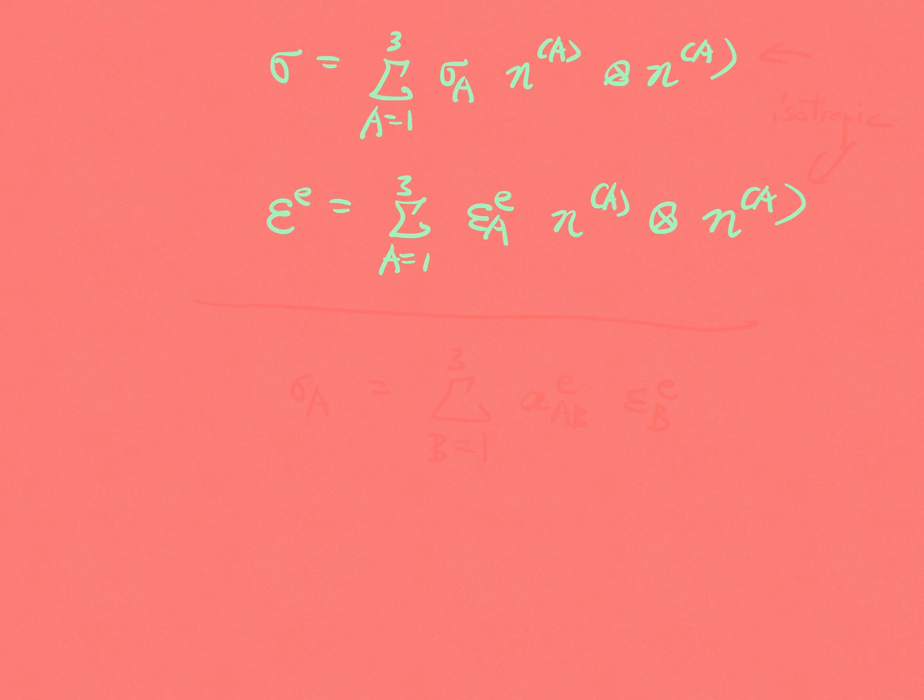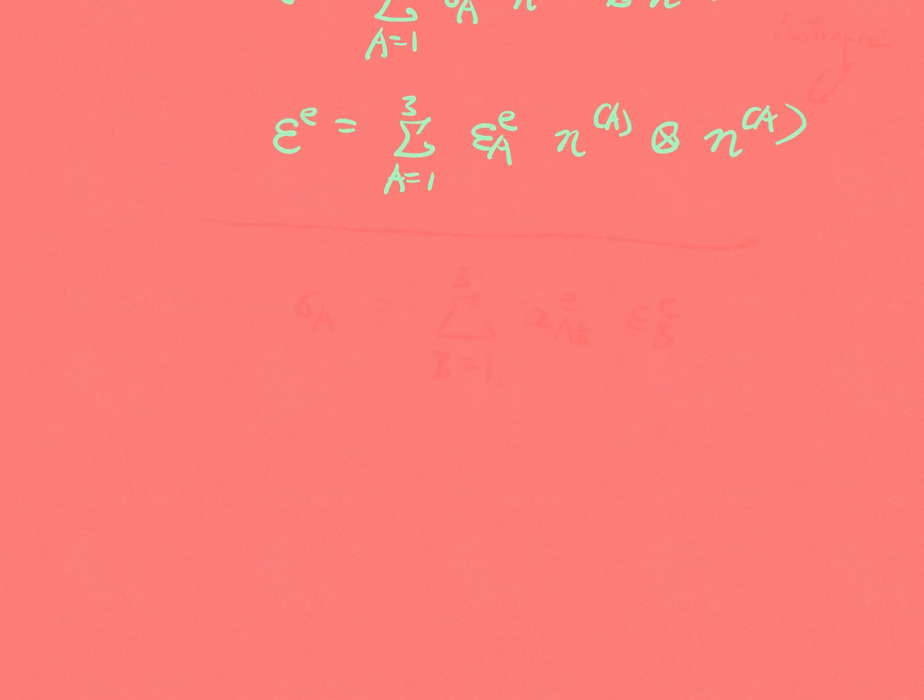A is a free index. So a_AB is actually kind of like an elasticity tensor, but only in the spectral form. Okay. So what is the dimension of this? This would be simply a 3 by 3 matrix, isn't it?